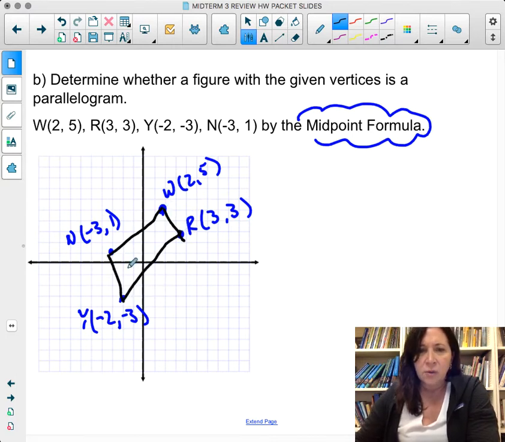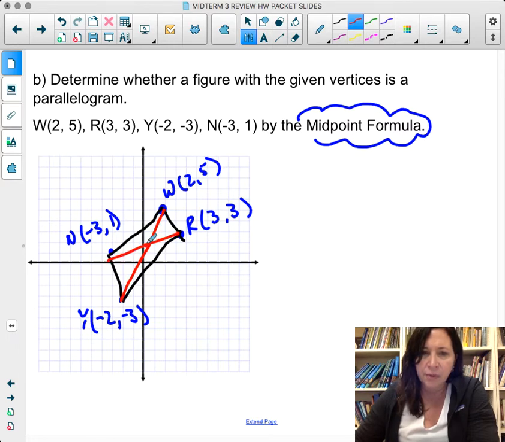Okay, and they want me to use the midpoint formula to check my diagonals, to see if they both bisect each other by having the same midpoint. So we're going to find the midpoint of NR.